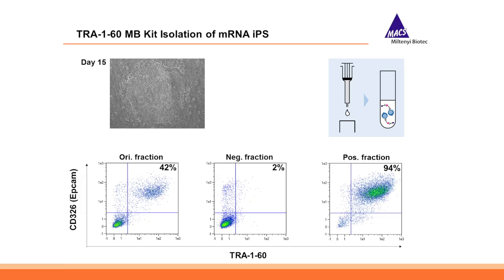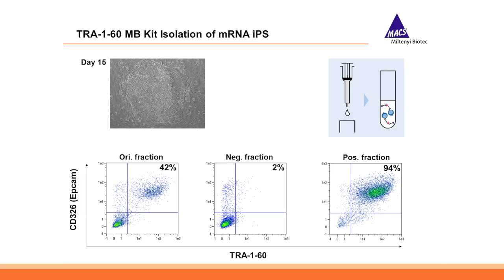And here on this part of the plot, you see cells which are negative for both markers. Here you see cells which are positive for both markers, and here you see cells which are just positive for the EpCAM marker, and here you see cells which are just positive for the TRA-1-60. And what we want to obtain later on are these cells.